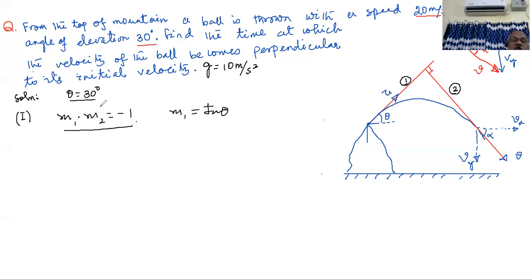Now we try to go to m2. Some of us might be tempted to put in the value of m1, tan theta, here and find m2 as -1 by tan theta, that is minus cot theta. But doing that will serve no purpose. Our question asks us the time. If you exhaust the condition here, then you have nothing else to move on.